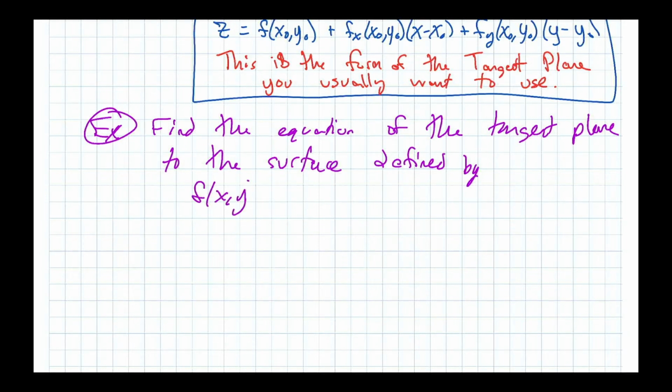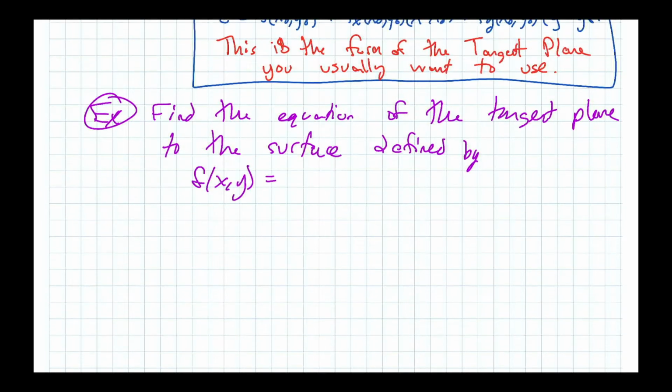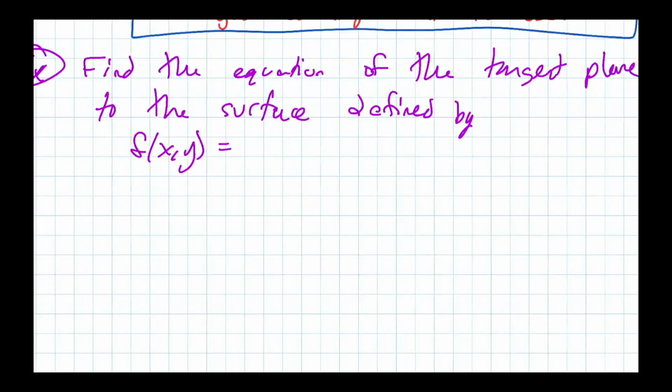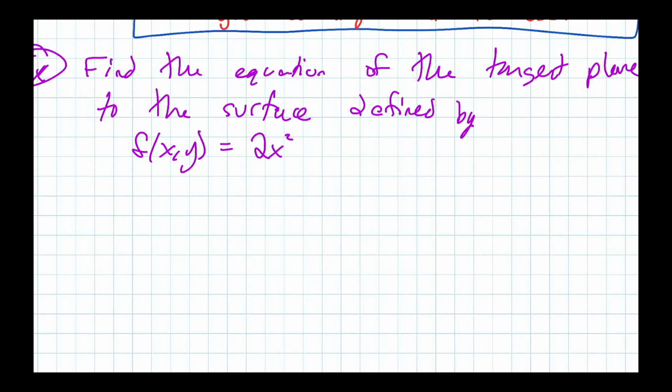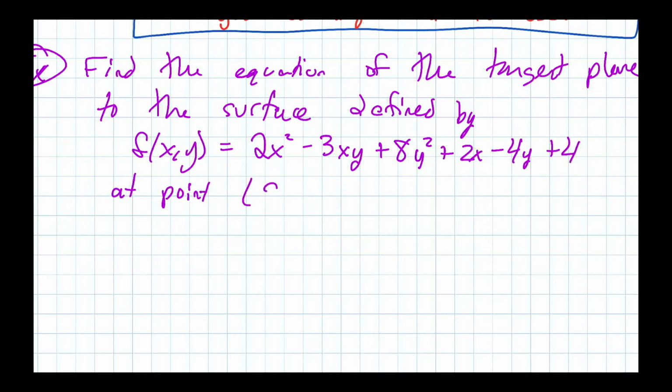They can give you any function of x and y here, as long as it's differentiable at the point where they want you to do this. So we have 2x squared minus 3xy plus 8y squared plus 2x minus 4y plus 4. And we need a point where we're doing this at. So then they say at point 2 comma negative 1.